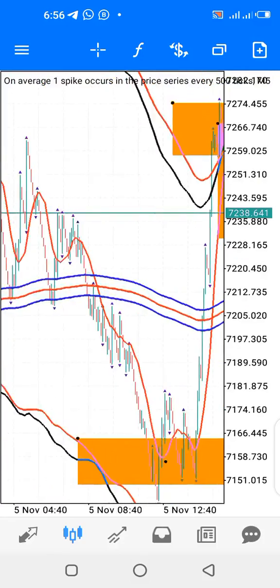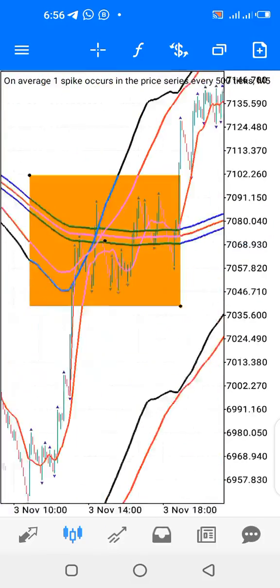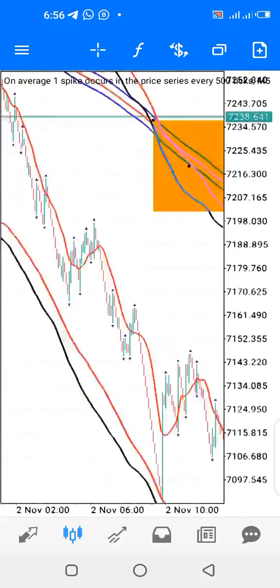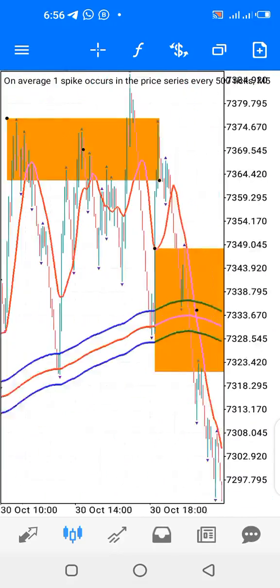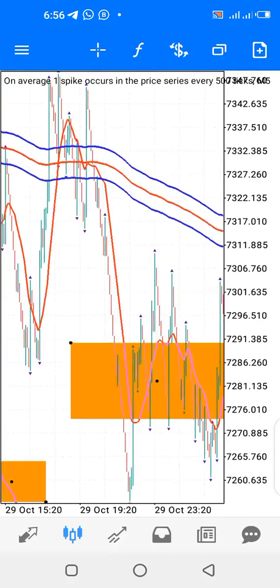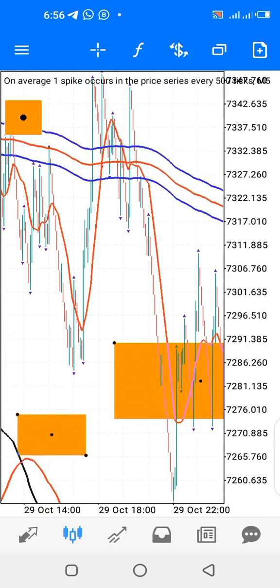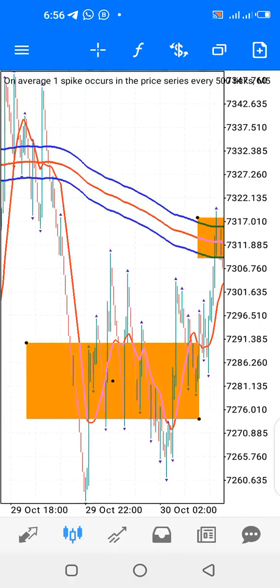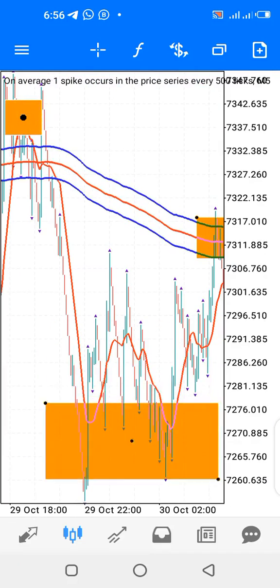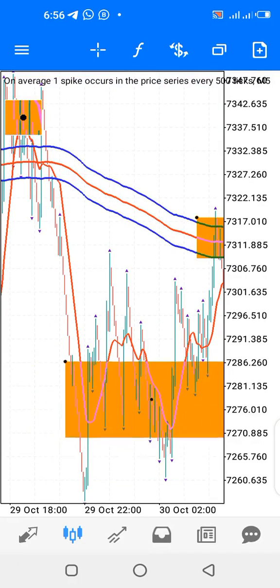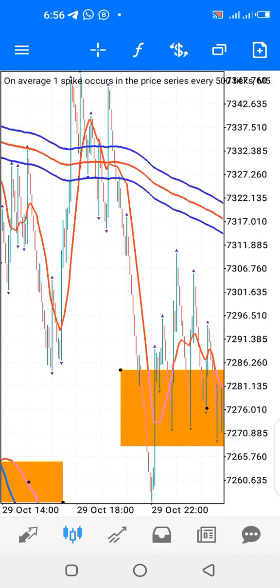Okay, let me go back to where I was. Now look, these are the lower envelope band, and this is our support. Support is formed towards the lower band.